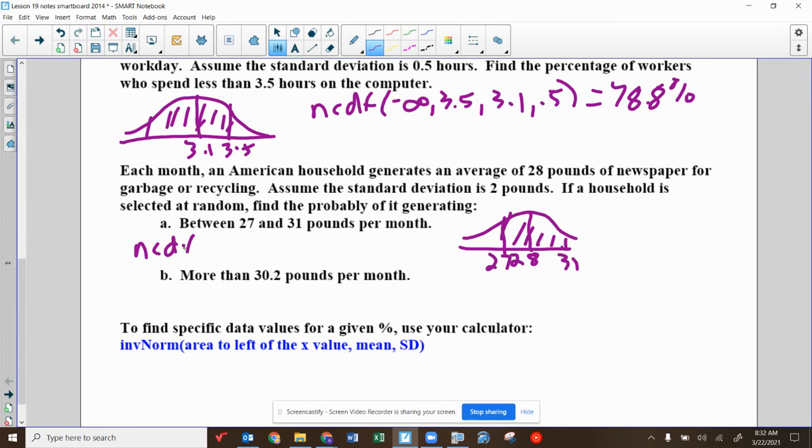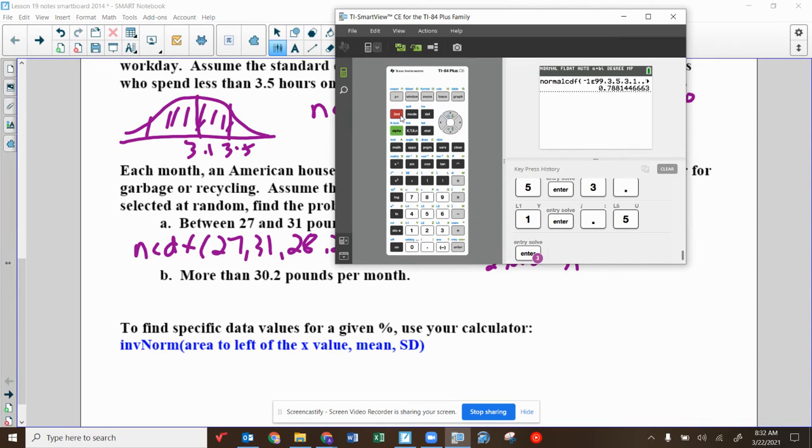Normal CDF 27, 31, 28 for the mean, standard deviation of 2. Twenty-seven, 31, 28, 2, 64.5.